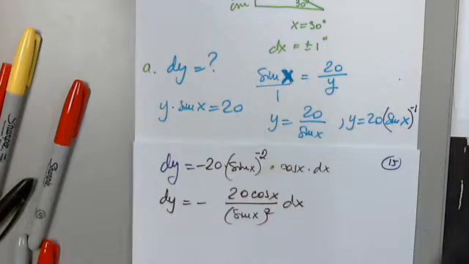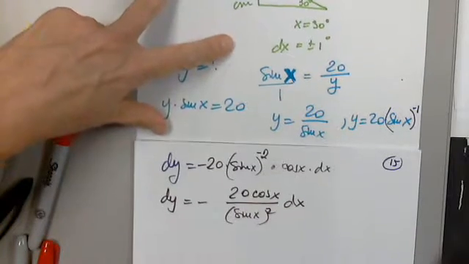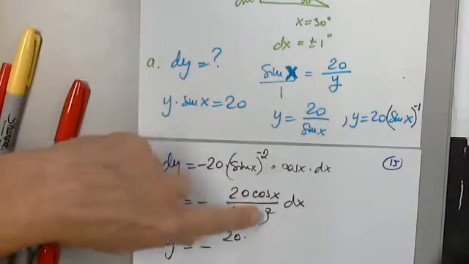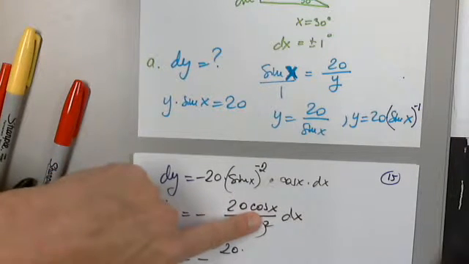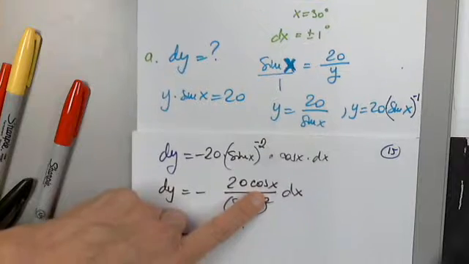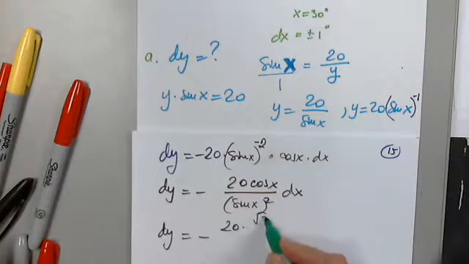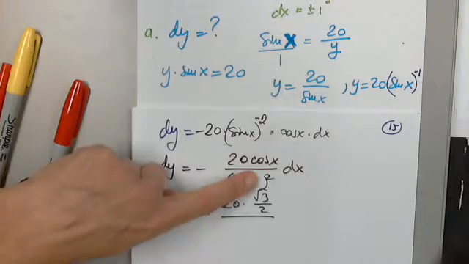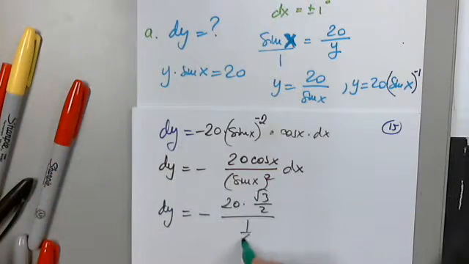Now all I have to do is plug it in. So dy equals -20. How much is cosine 30? It's not 1/2 because sine 30 is 1/2. It's the other one. Very good. The square root of 3/2 over. The denominator is 1/2, but I have to square it. So I get 1/4.